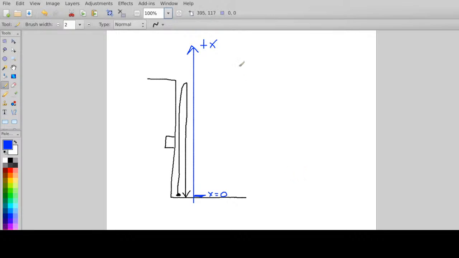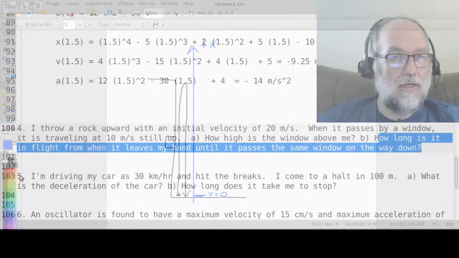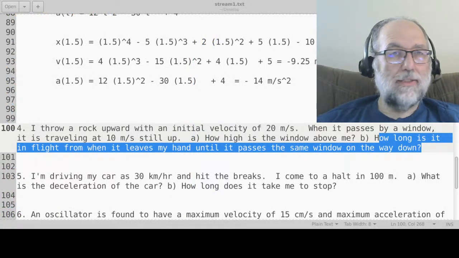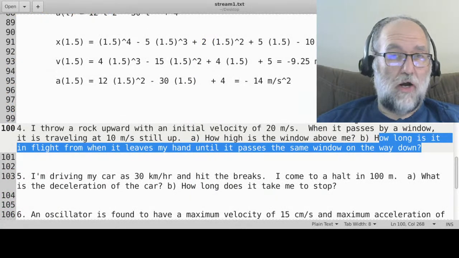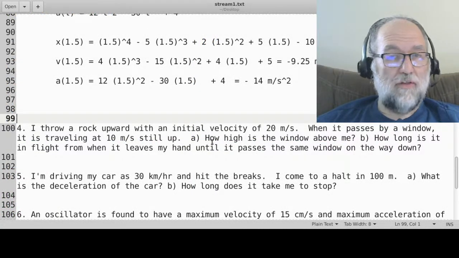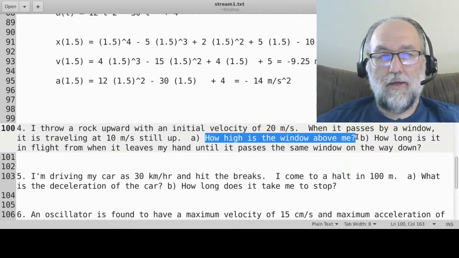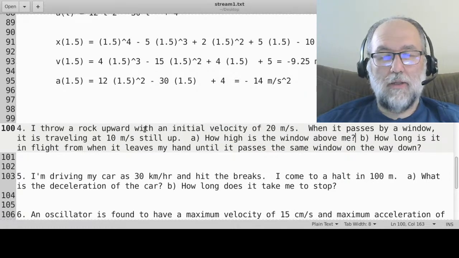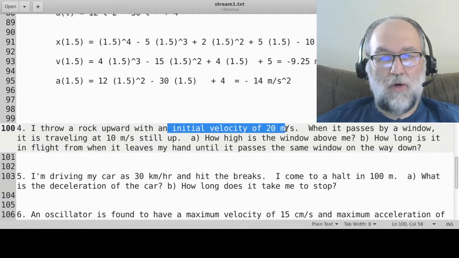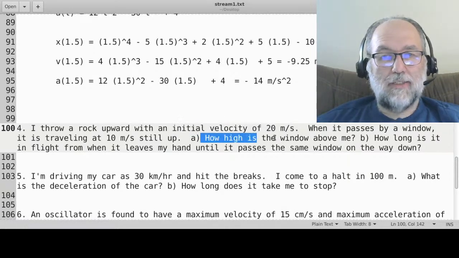Now for part A, let me switch back just for a second. For part A, let's think about what the initial and final positions are. How high is the window above me? The rock initially starts at ground level, because I'm at ground level, with this initial velocity of 20 meters per second, and then it gets to the window.